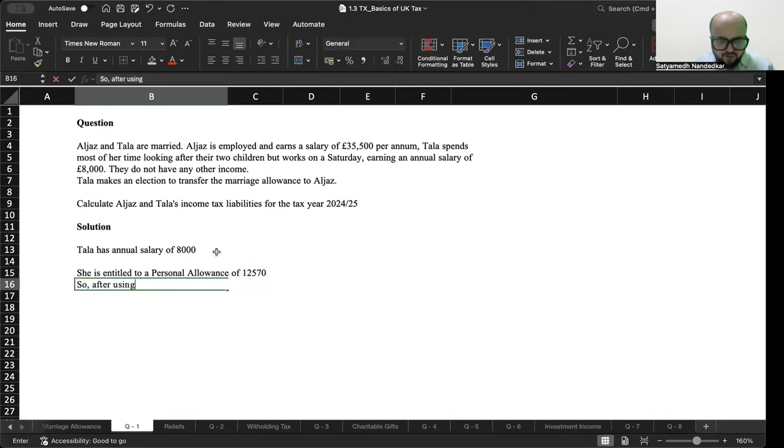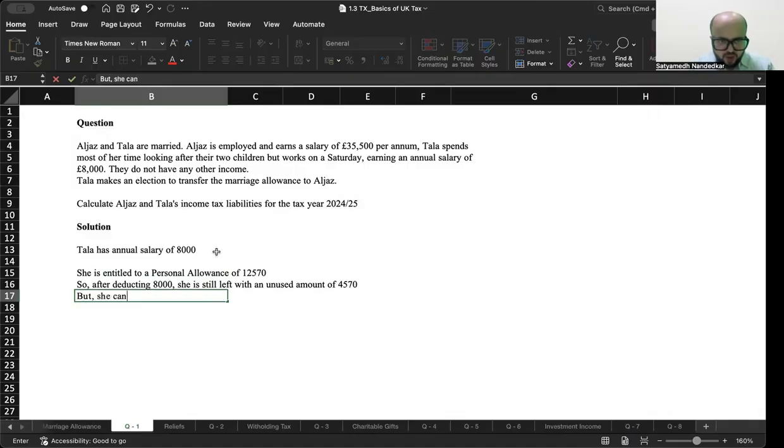So after deducting 8,000, she is still left with an unused amount of 4,570.